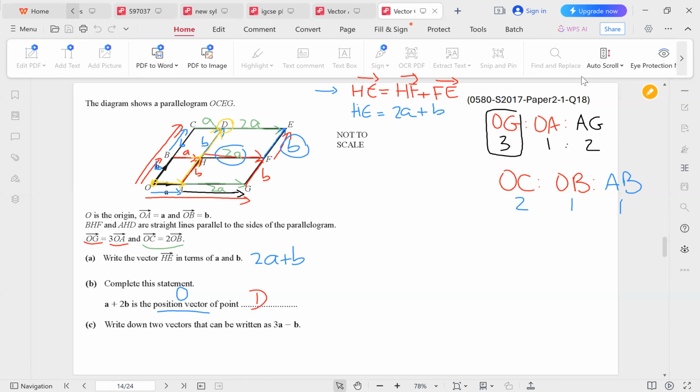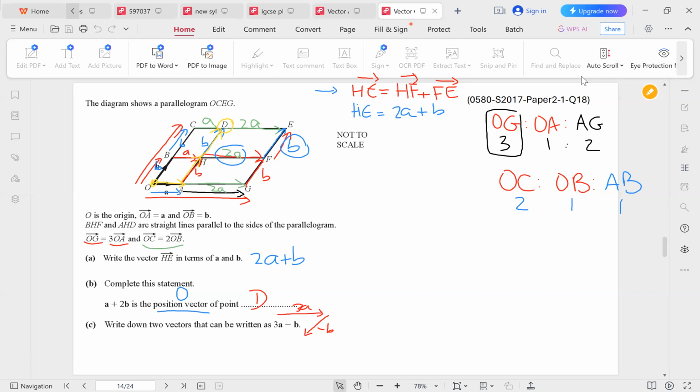Next, we're told, write down two vectors that can be written as 3A minus B. So 3A minus B means you're going to move 3A to the right, and then B is up. So we're looking for something that looks like this, 3A minus B. So how can we do that? We need to start at the point on top so that we can move downwards.